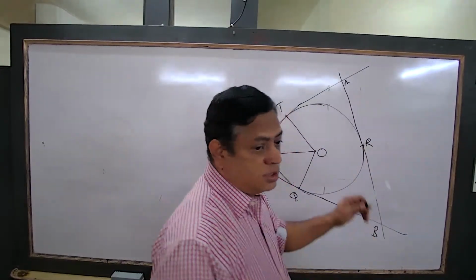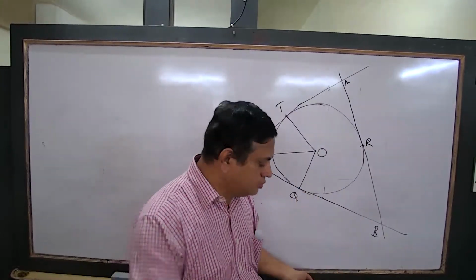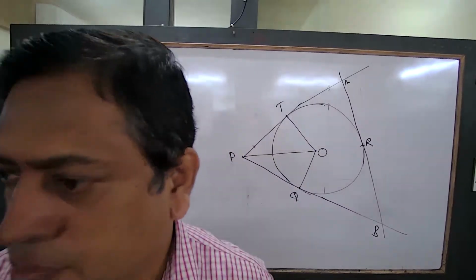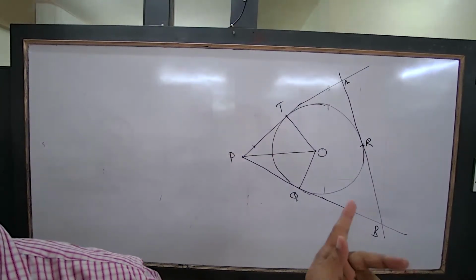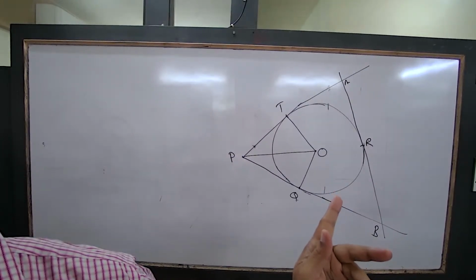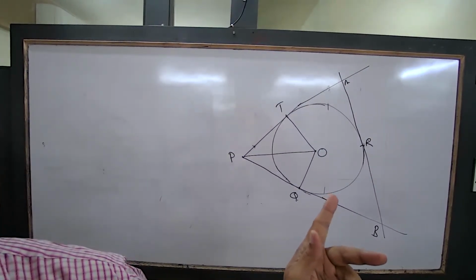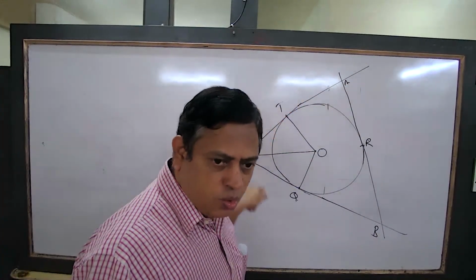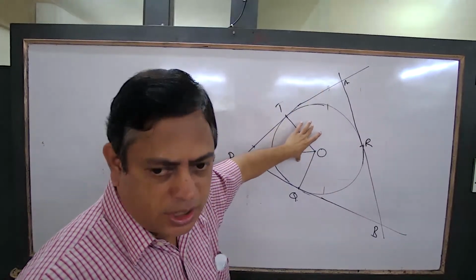This is called which circle? This is called the incircle. Circle inside the triangle. Circle inscribed in a triangle. What do you mean by circumcircle? The circle will pass through all the vertices. That is called the circumcircle. This circle is called the incircle.